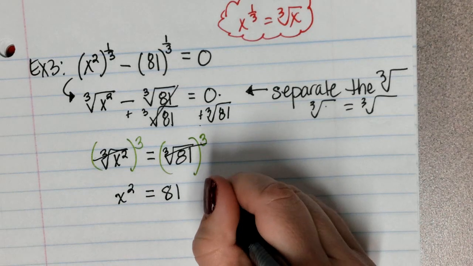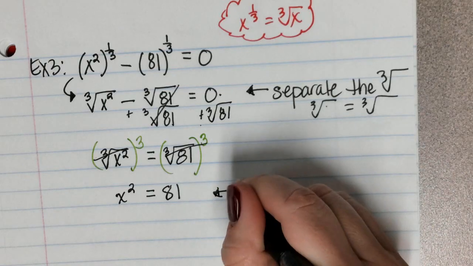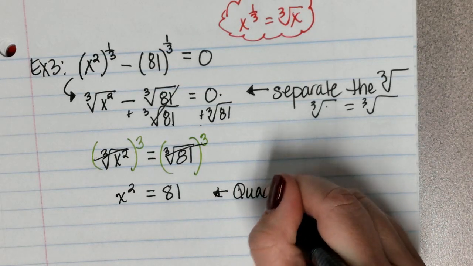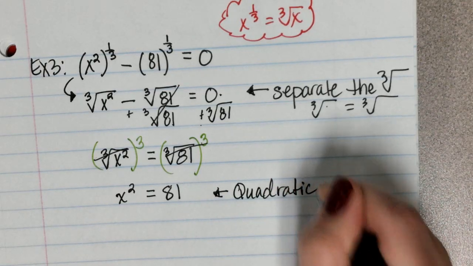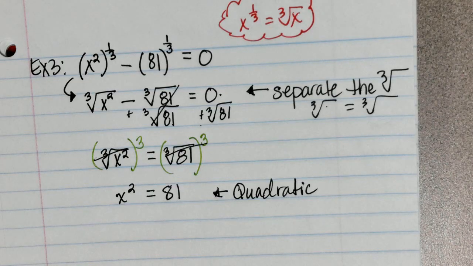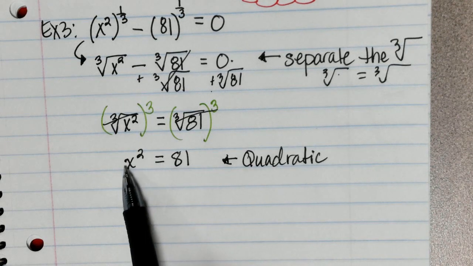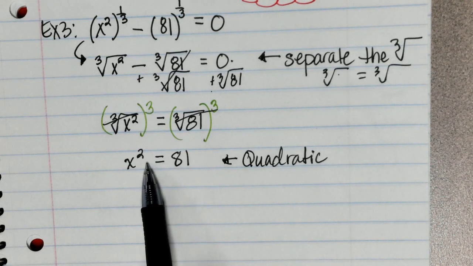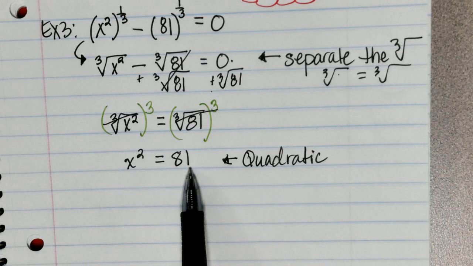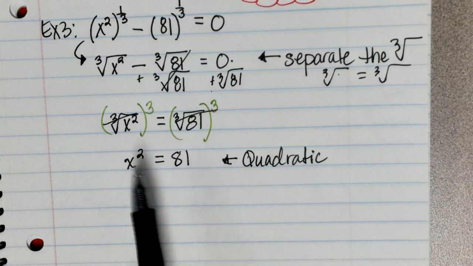And that is not linear, right? That one is quadratic. Okay? So this one in particular, though, we can get it equal to 0. We could minus 81, or this is already set up for us to just square root, right?